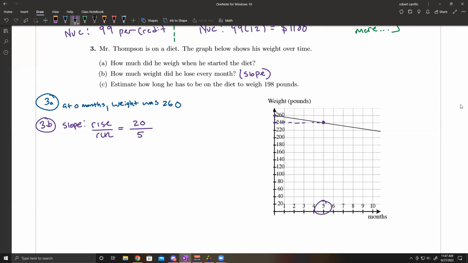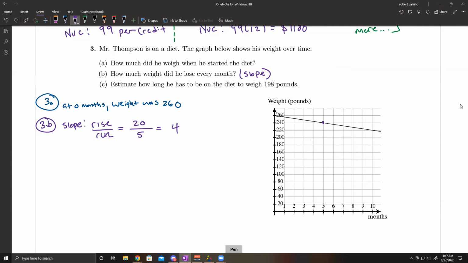So you get 20 over 5, which gives us 4. So what this means is that Mr. Thompson was losing 4 pounds per month. We can also verify that. Let's see if we get the same answer, hopefully.